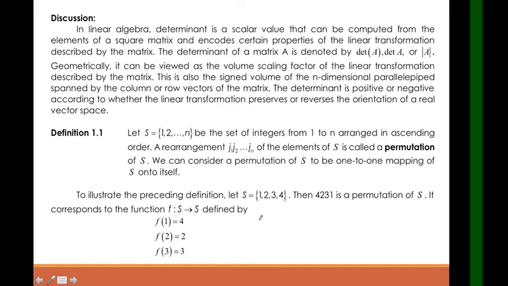Using n factorial, that's 4 times 3 times 2 times 1. 4 times 3 is 12, times 2 is 24, times 1 is 24. So we have 24 arrangements.